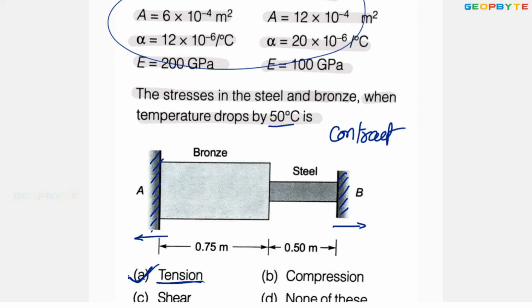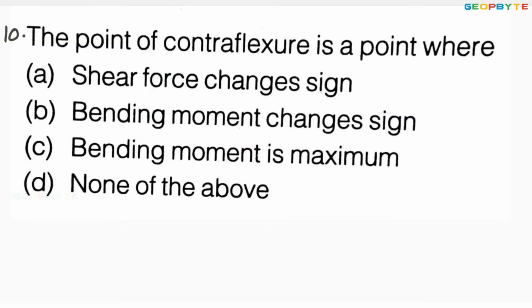Let us take another problem. Look at the 10th problem. The point of contraflexure is a point where the bending moment changes its sign from negative to positive or positive to negative.